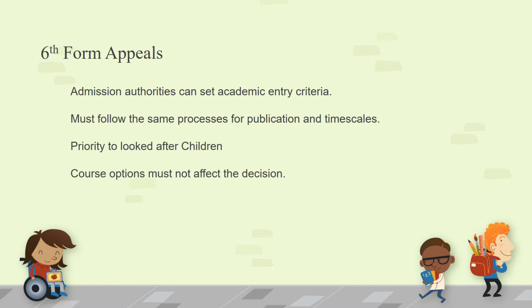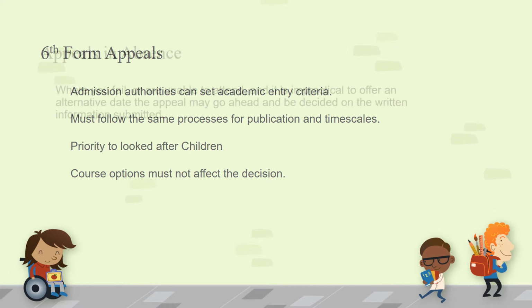As with other points of entry to schools, highest priority in oversubscription criteria for sixth form places must be given to looked after children and previously looked after children who meet the academic entry criteria.